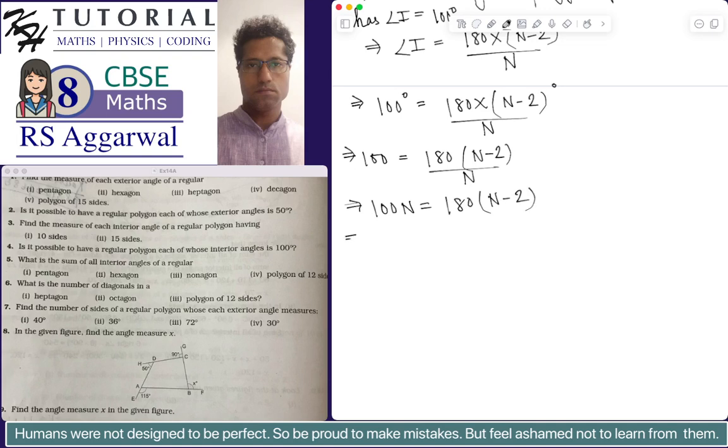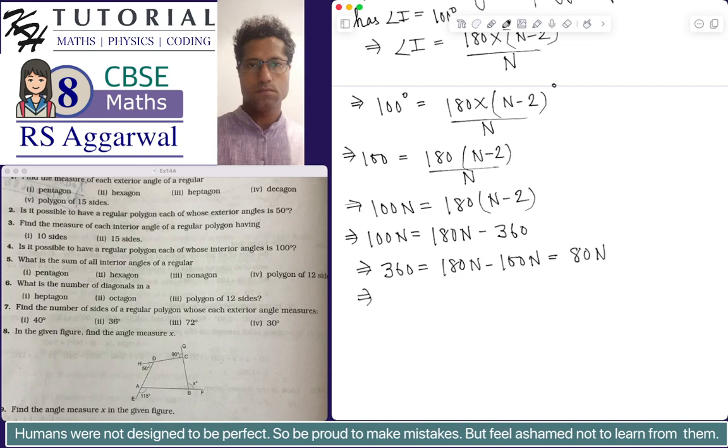If we further simplify, we get 100 n is equal to 180 n minus 360. This implies, if we bring all the n terms to the right hand side and all the constant terms to the left hand side, we get 360 is equal to 180 n minus 100 n, which is equal to 80 n.